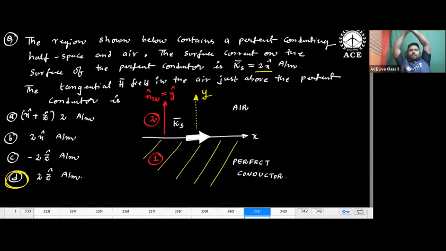So these are the varieties of questions on the boundary conditions. We have discussed all the models. So this essentially completes the course which is required for your GATE exam as well as for your engineering services and other competitive exams.